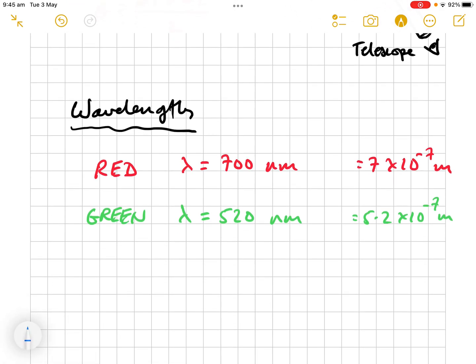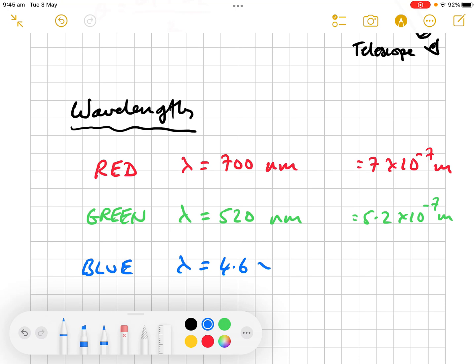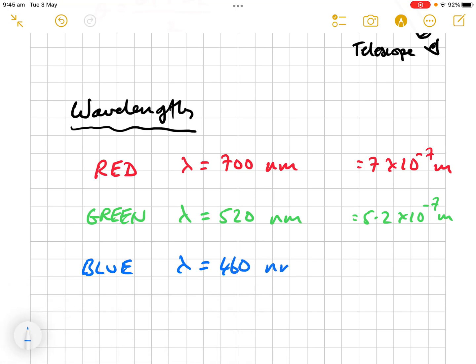And then down at the blue, shorter wavelength end, of course, we're talking about 460 nanometers, which is about 4.6 times 10 to the minus 7 meters.